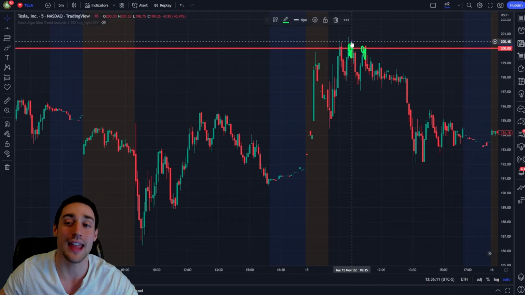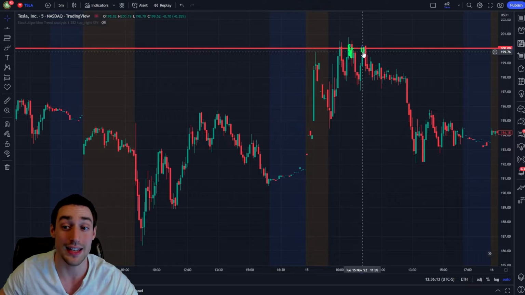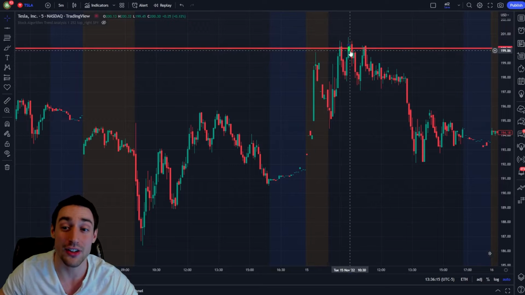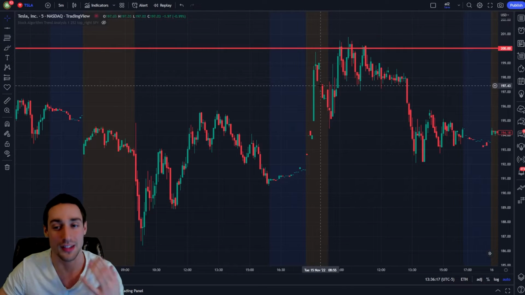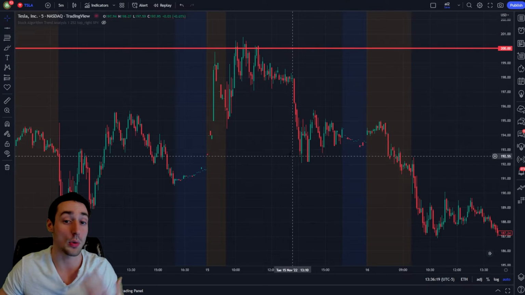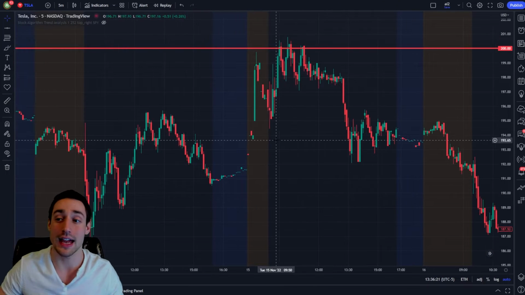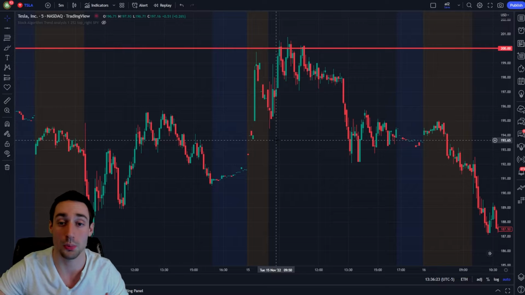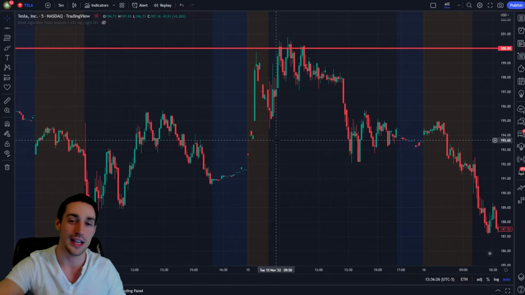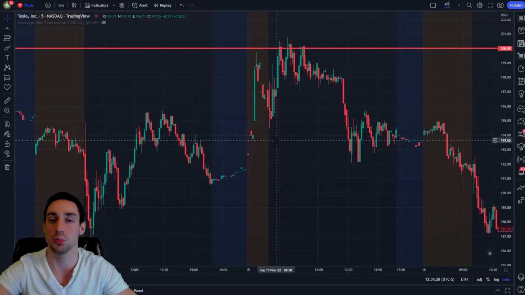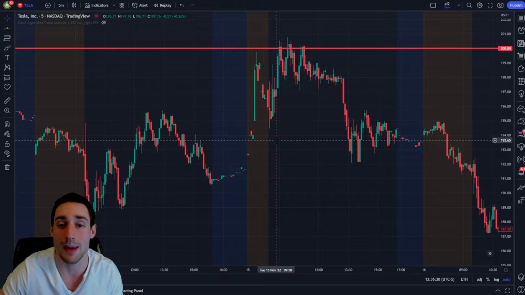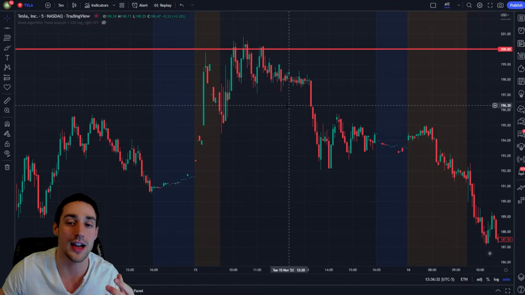So looking at the Tesla chart, whenever you are looking at any chart or any support and resistance level, it is absolutely crucial that you treat support and resistance as an area rather than a specific level. When I'm looking at support and resistance, yes, I'll look at the resistance point, whether it be $200 or $180 or whatever the price point or the level may be, but you have to treat that as an area and give it some wiggle room.